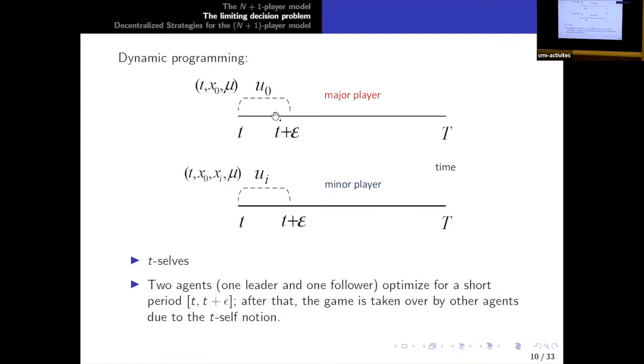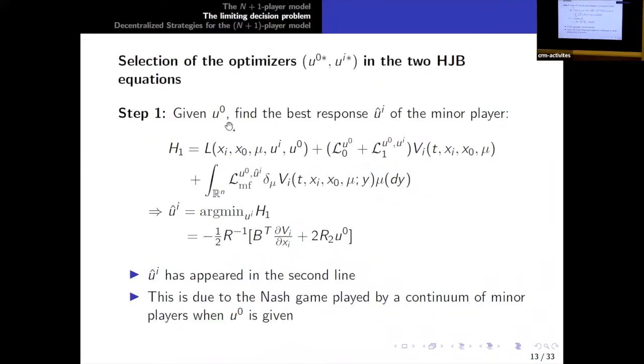Given U0, we can find the best response of this minor player. Essentially, we find the best response of the whole population of minor players. Here we deal with the representative minor player. So we try to minimize this function H1. This is essentially the negative Hamiltonian.